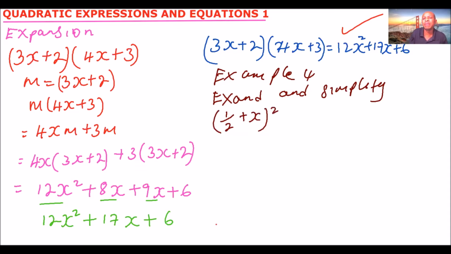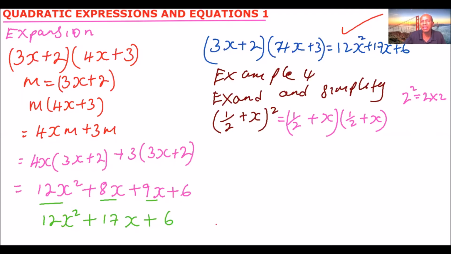And to be able to expand this, when you have 2 squared, it is the same as 2 times 2. So we can write this as a half plus x twice. Then we have a half plus x, like that. It is the same because it is squared.